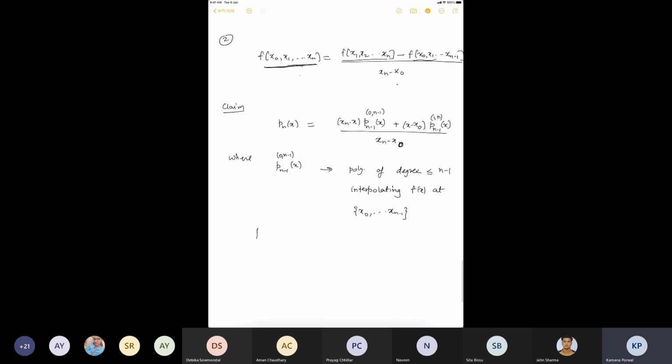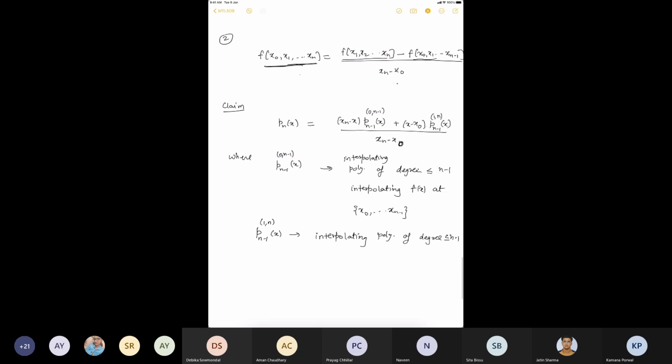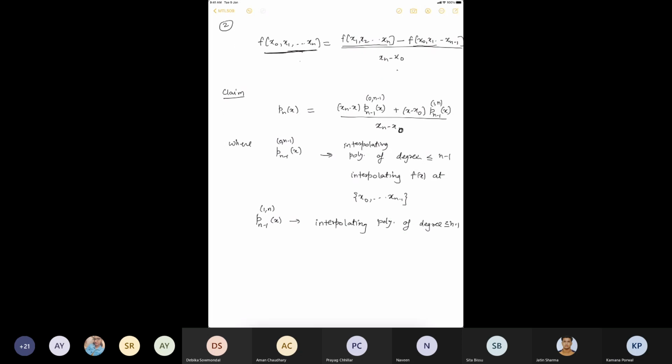Likewise, this is an interpolating polynomial of degree less than or equal to n minus 1. And what are the interpolation conditions?